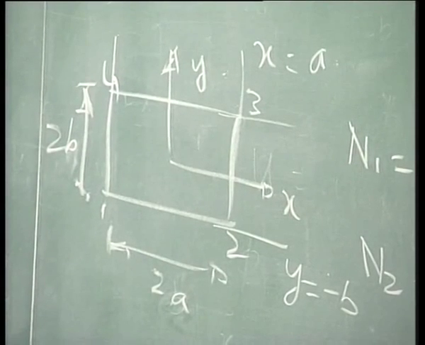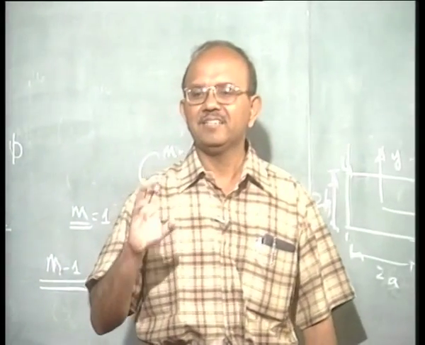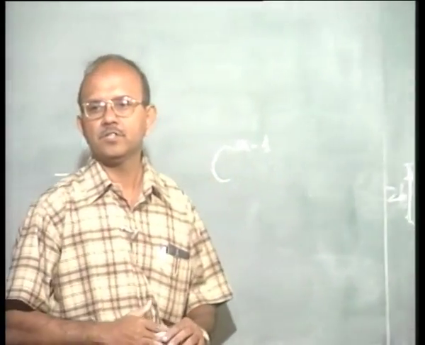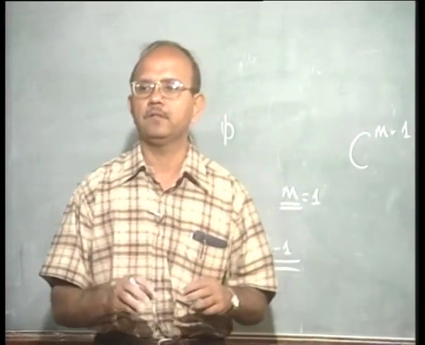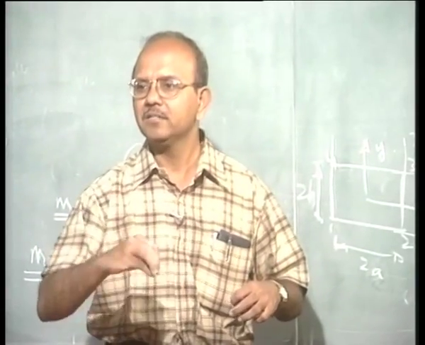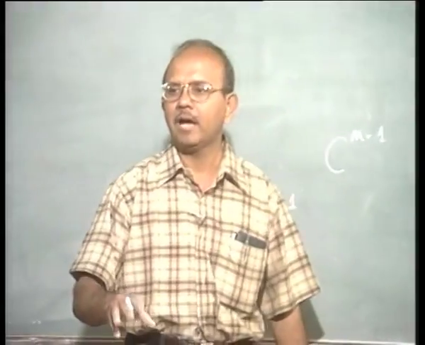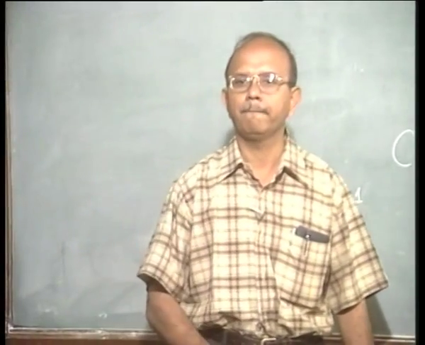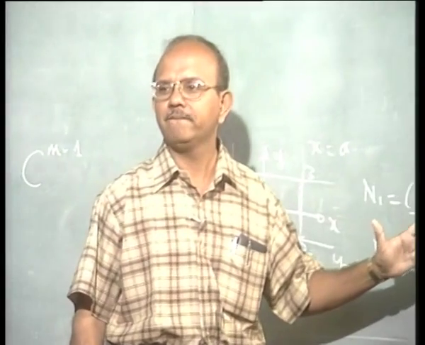I'm going to use one property which I said: the shape function should be 0 at all other nodes except the node to which it is wedded. That is, Ni should be equal to 0 when i is not equal to j, and should be equal to 1 at node i. That's the clue. Now think about it.